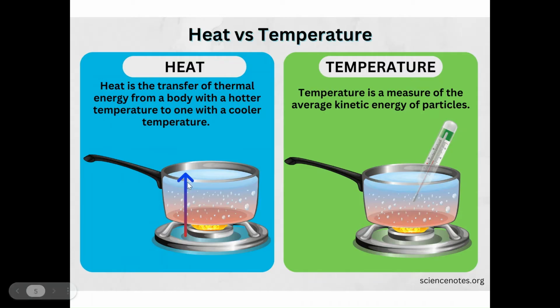But remember, in either case, when we're talking about energy transfer, it always goes from hot to cold, just like this arrow shows you. It goes from the hottest, which is red, to the least hot, which is blue. So, in summary, heat is how much energy we're putting into something, and temperature is the measure of how much of that energy got put in.